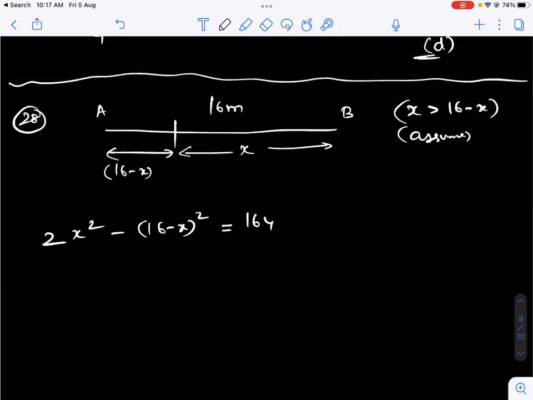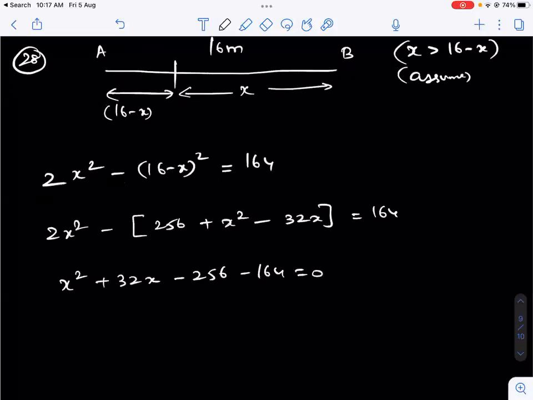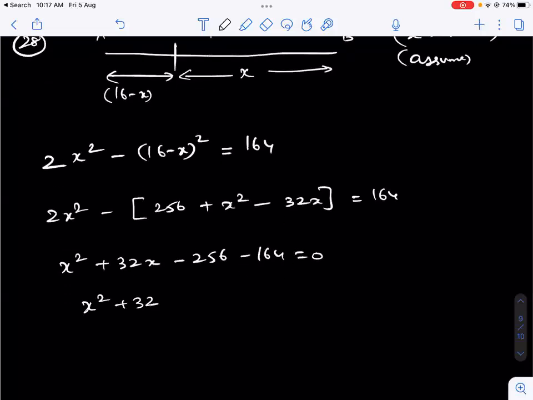Then the greater and smaller parts are how much? So 2x square minus, 16 square is 256, plus x square minus 32x, is equal to 164. x square plus 32x minus 256 minus 164 is 0. So x square plus 32x minus 400 is equal to 0.